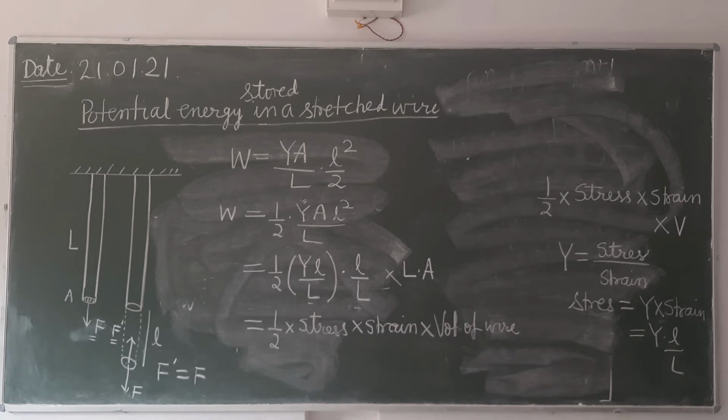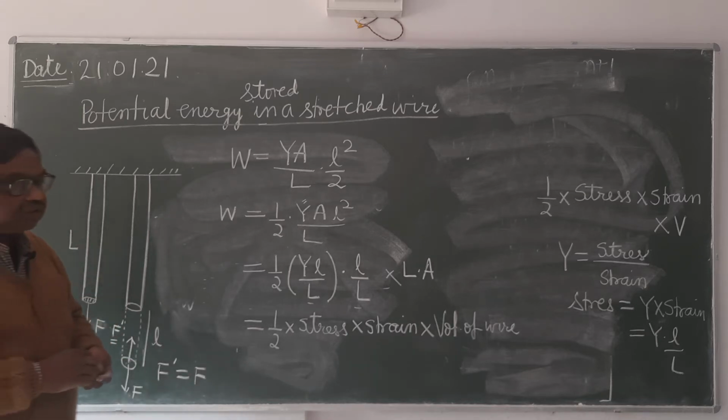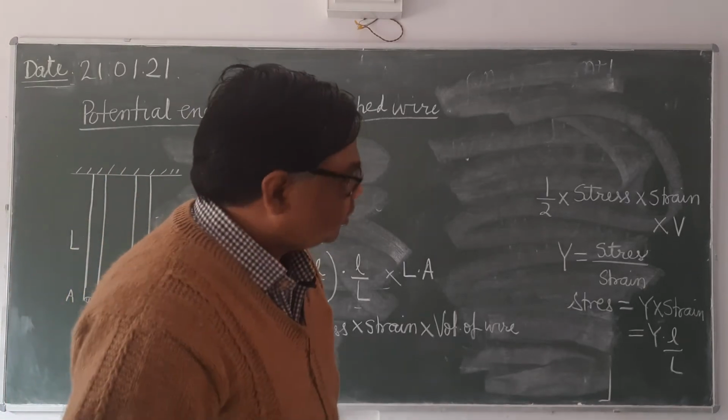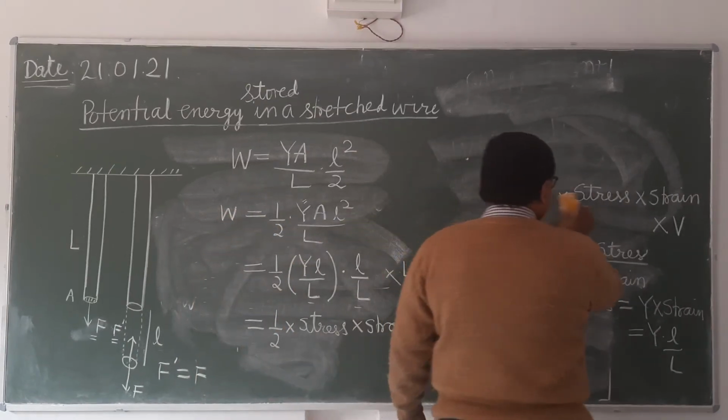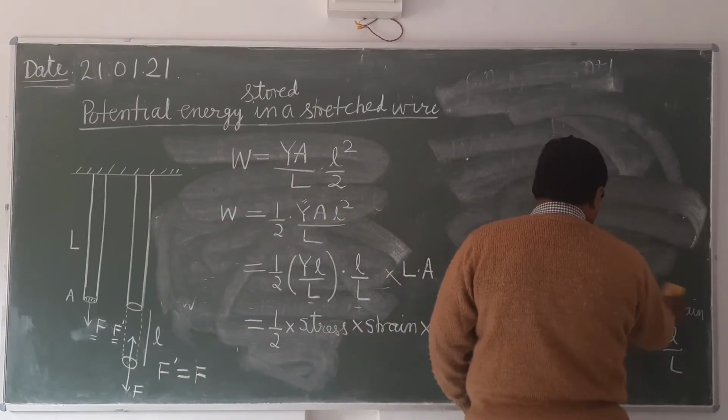Have you noted? Now as I have already told, this work will be stored here in the form of potential energy, because work is done against the restoring force, which is a conservative force. That's why that work will be stored here in the form of potential energy. So what will be the potential energy stored in the stretched wire?